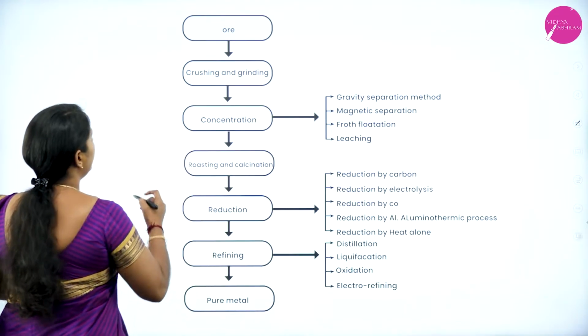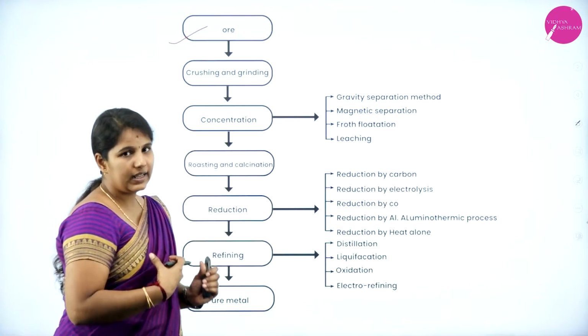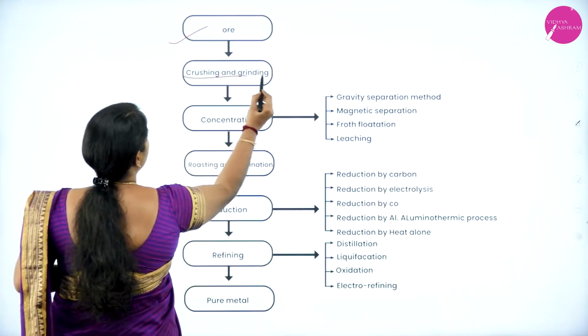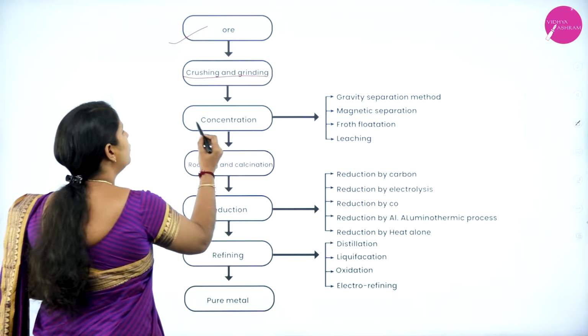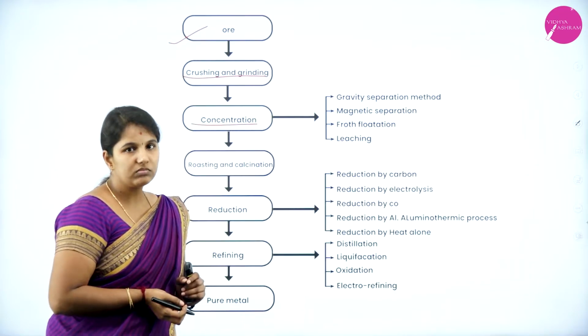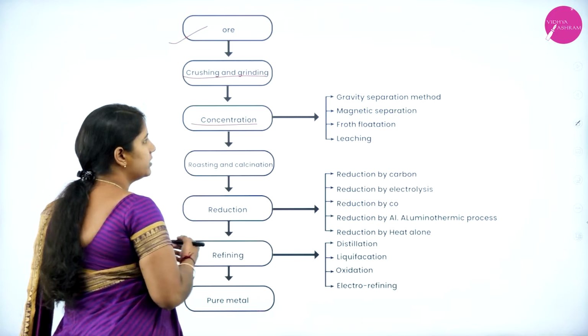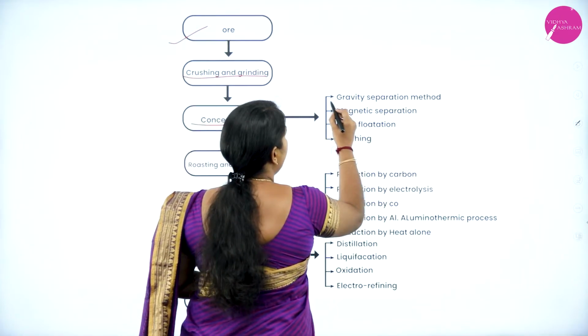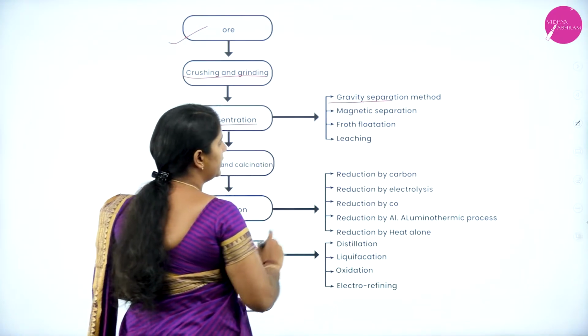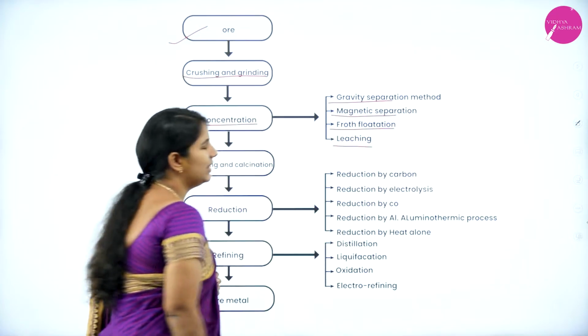So if I get the ore, first of all I'll do the grinding and crushing, then the concentration of the ore, where you are removing the impurities. Here, for the concentration, we have four different methods: gravity separation, magnetic separation, froth flotation and leaching.